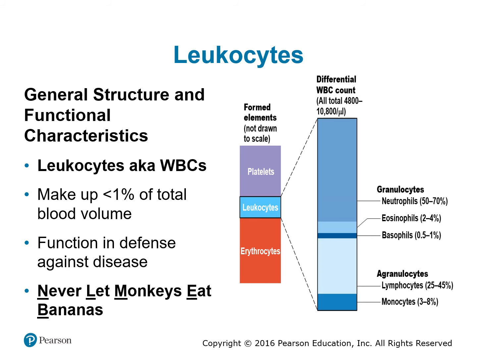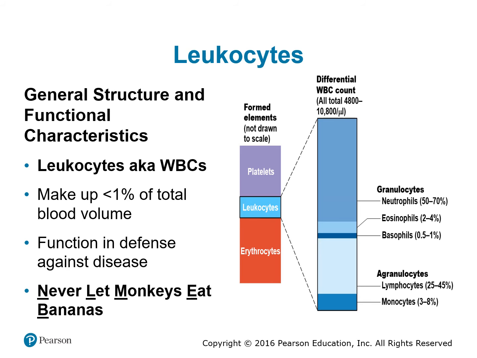The neutrophils are going to be the most prevalent leukocyte in the blood. They comprise 50 to 70% of the cells that you're going to find as white blood cells. Then the lymphocytes are agranulocytes, remember, and they comprise approximately 25 to 45% of the white blood cell content.